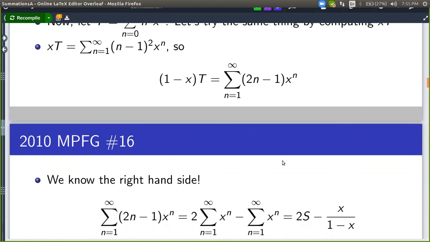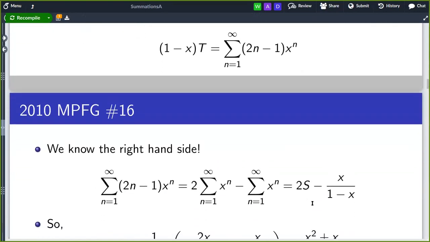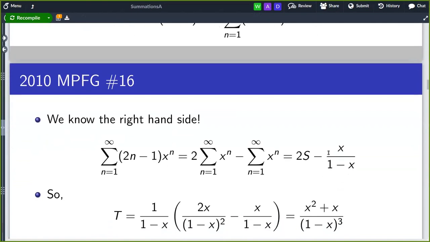And the second term is just a standard infinite geometric sequence, x over 1 minus x. So we're going to plug in our value for s, and we're going to get that t is going to be equal to the quantity x squared plus x over 1 minus x all cubed. Yeah, sorry, I missed an n on the second summation.